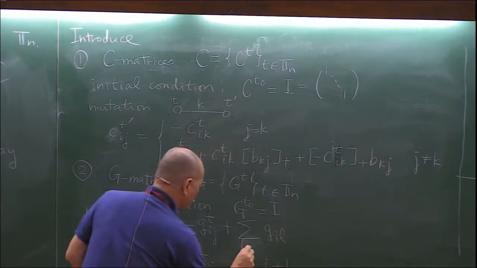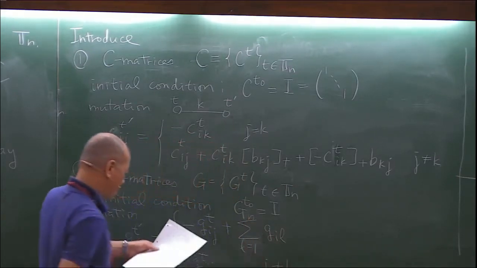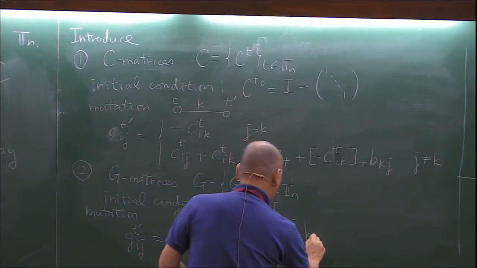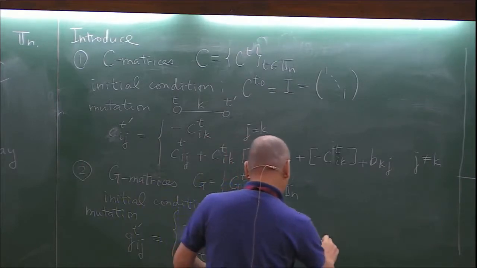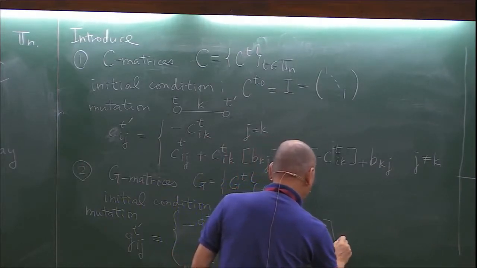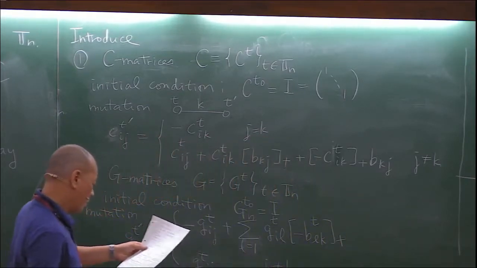And l is a summation index from 1 to n, G_lt, B_lk, t plus. And one more term, minus.